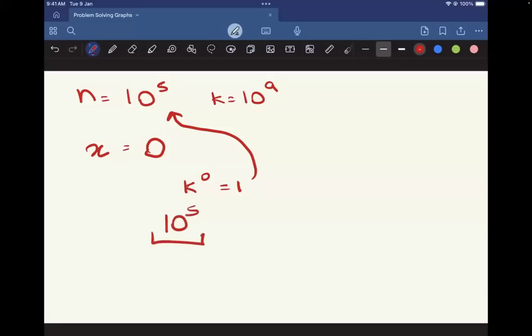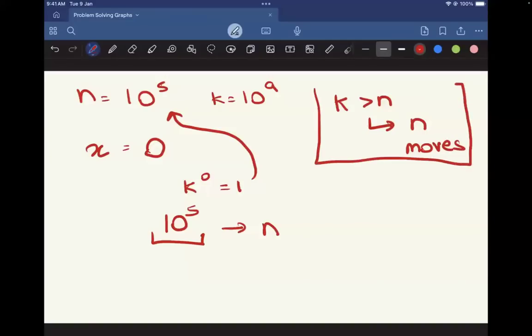Yes or no? Exactly. So, the main key observation here is when k is greater than n, it is going to take us n moves. All right. This is the main observation.